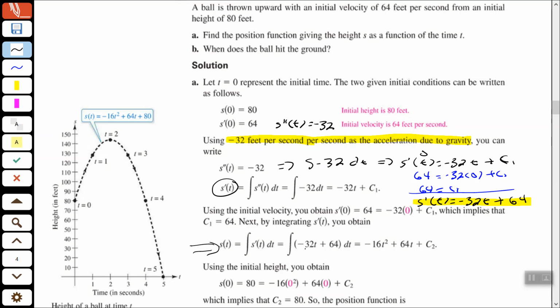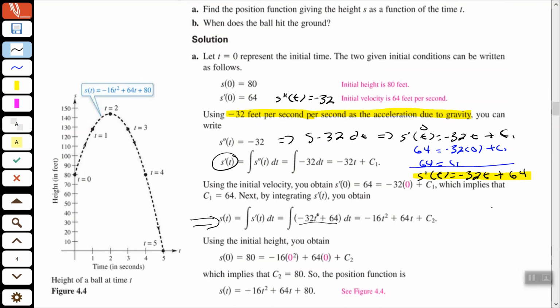So if we integrate negative 32t plus 64 dt, then remember, to integrate, we add 1 to the exponent and then we divide. We already have 1 here, we add 1 to that exponent, that gives us 2, and then we divide by 2, that gives us negative 16t squared. And then for 64, we need to just add the variable in there, so that gives us 64t plus c sub 2, the constant of integration.